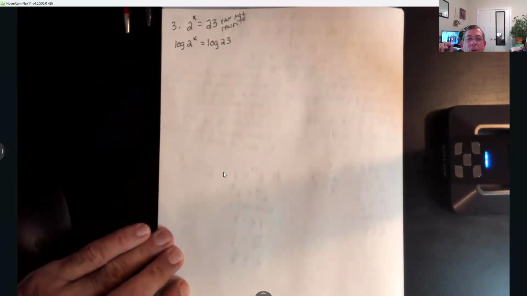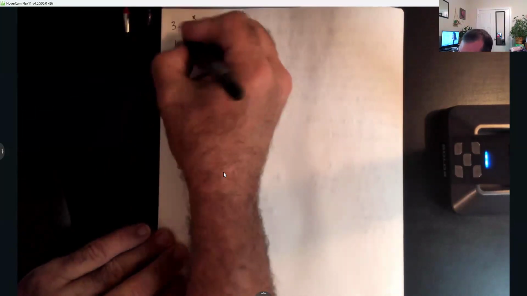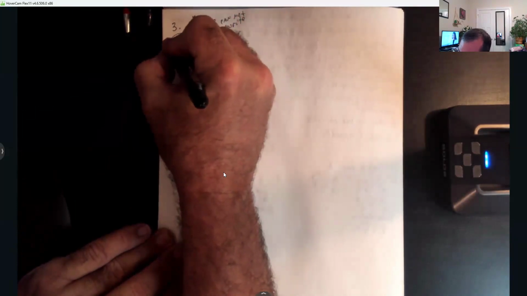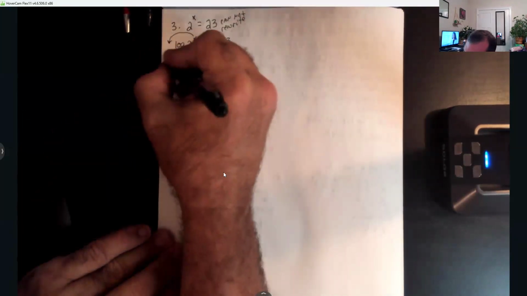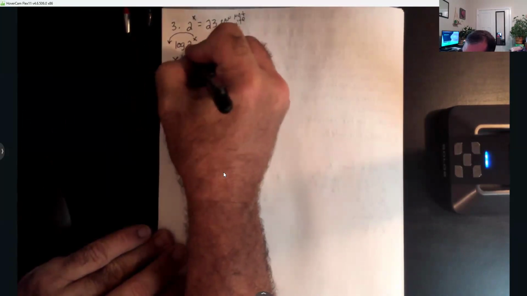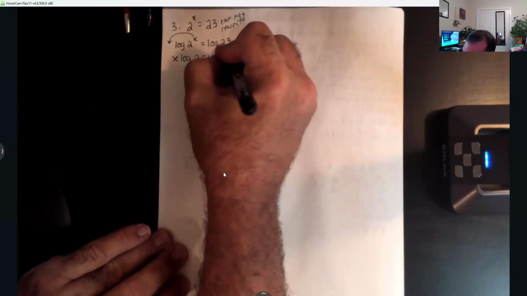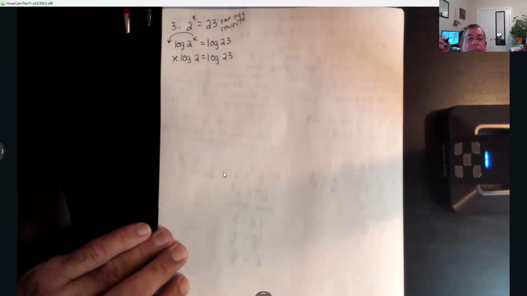But y'all notice what I can do now. My next step, using the power rule, is to bring the exponent down to the front. Well, this side don't have an exponent. So all we got to do over here is bring the x down to the front so that I get an x times log of 2 equals my log of 23.